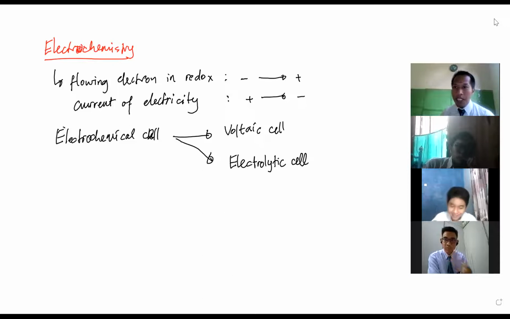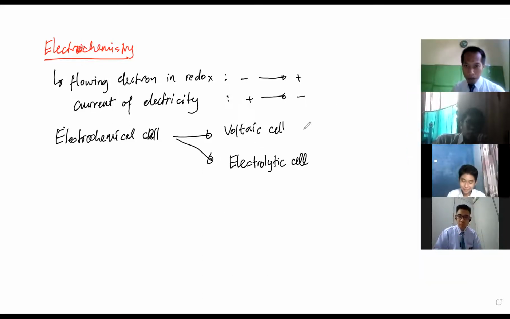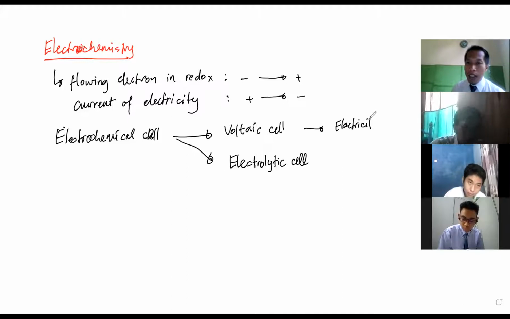It's very easy, simple. To differentiate between these two cells, we just see the electricity in the cell. If the electricity is produced, then it is a voltaic cell.